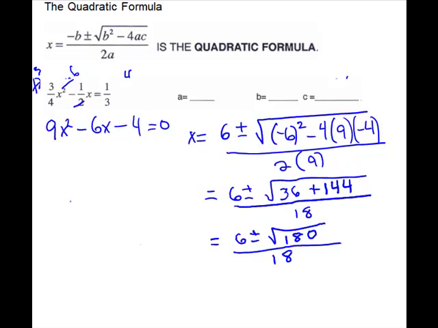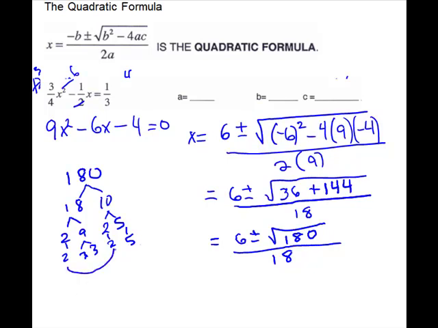We'll break that 180 down on the side. We could do 18 times 10. And 18 is 2 times 9. 10 is 2 times 5. And my 9 will keep going. Right, you actually have two squares in here.